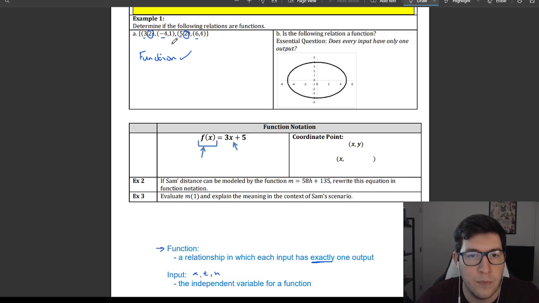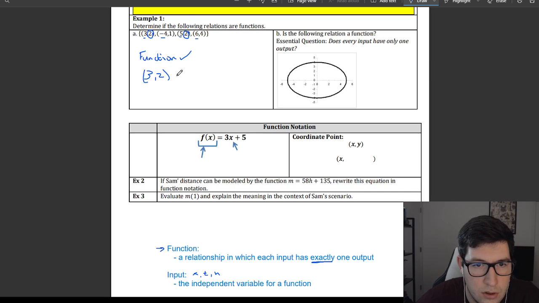We need to make sure that our inputs, our x values, are not getting repeated. So if instead, with everything else the same, this 3, 2, -4, 1, 5, 2, and then on the end, instead of 6, 4, I had 3, 4.